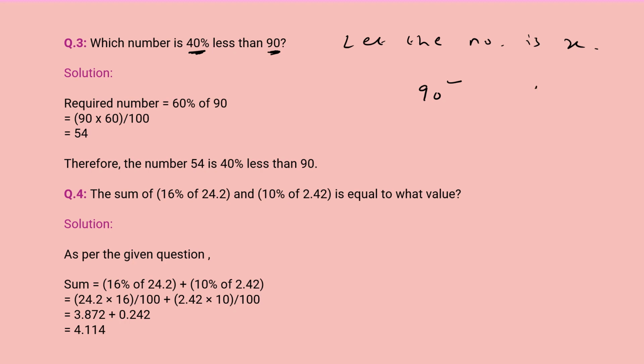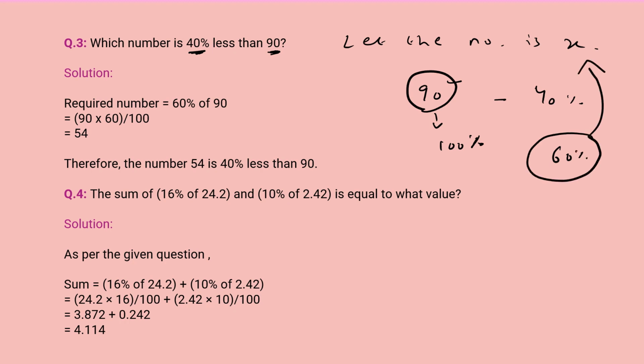So if you are calculating 40% less, then the number is 90 minus 40. So we are taking this 90 as 100 percent, so the remaining would be 60%. So this is the value of x. So you simply calculate 60 upon 100 into 90. So this comes to be around 54. So this is the number x.